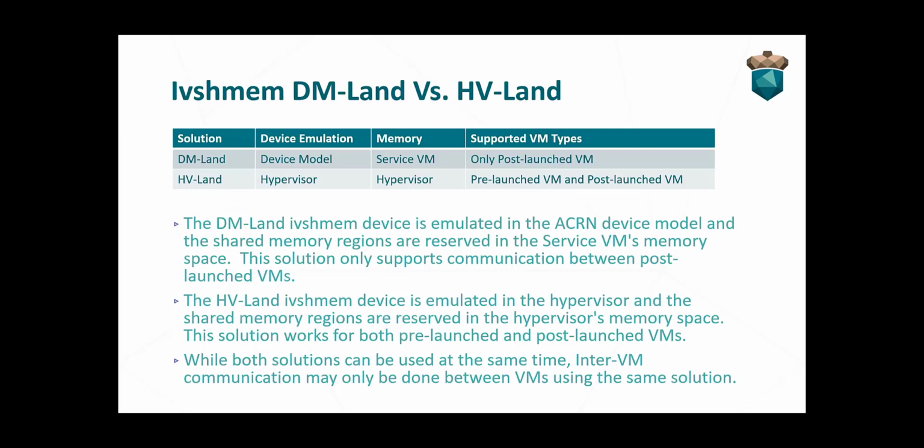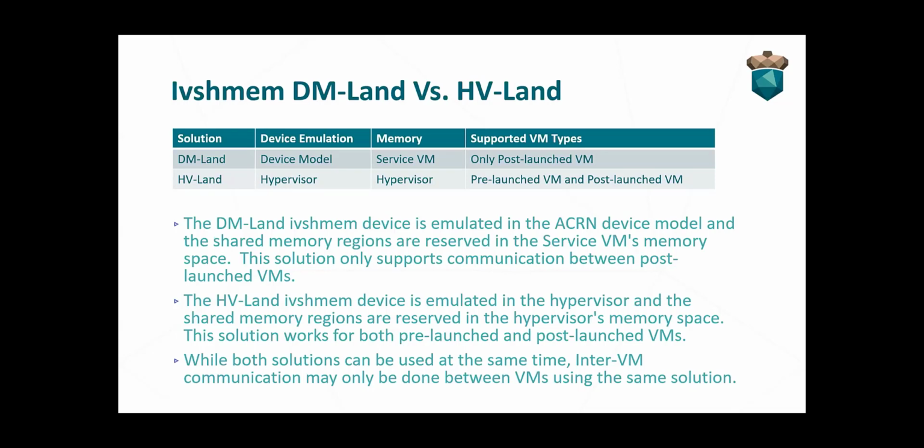So we just talked about two kinds of implementation for the IVSHMEM device in ACRN. In these slides, we will compare them. The DM-land IVSHMEM device is emulated in the ACRN device model, and the shared memory region is reserved in the service VM's memory space. This solution can only support the communication between post-launched VMs.